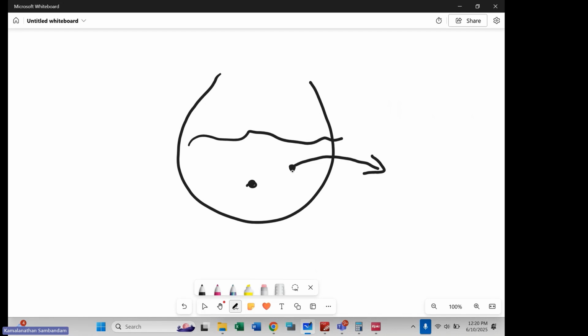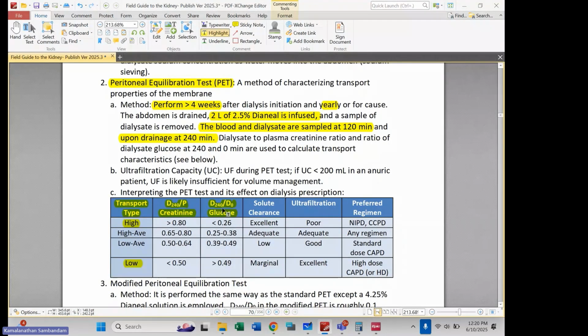And so that dialysate glucose concentration is decreasing over time. If that dialysate glucose concentration, let's say, dramatically decreases over the 4 hours, that is, it decreases by 75% or so, okay, you could describe that individual as a high transporter.